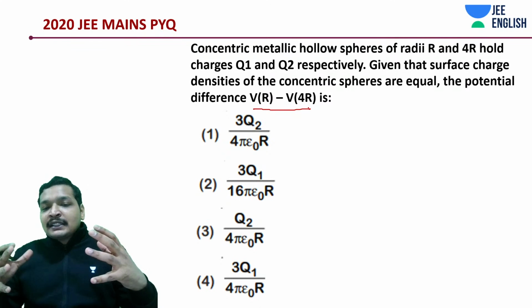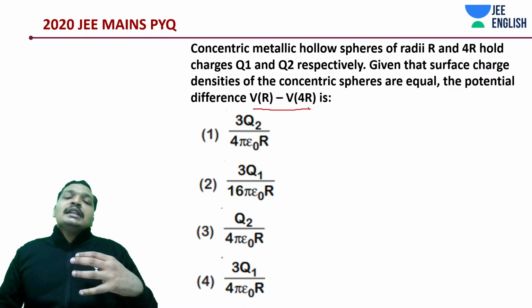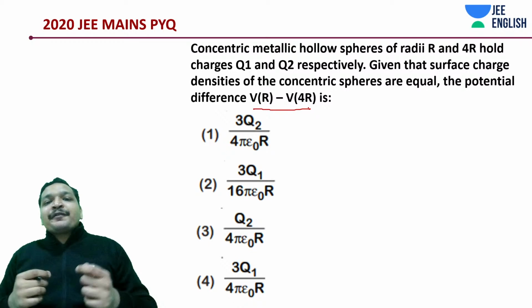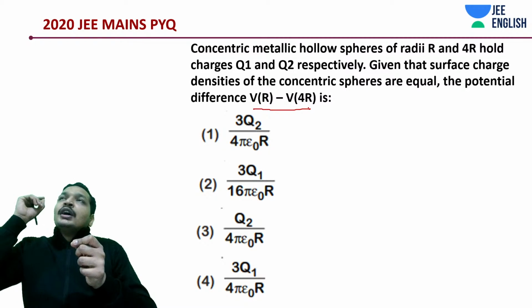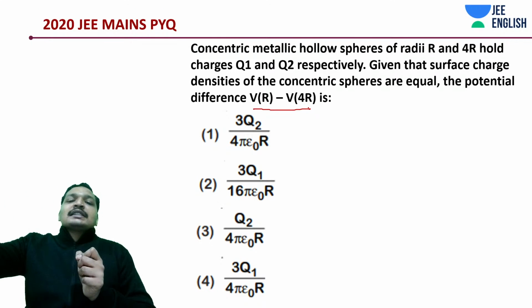And when you subtract them, what is the common thing that is going to be eliminated? Potential due to the charges on the surface of the larger sphere. So basically it's finding out the potential due to the charges on the small sphere, on its surface and at a distance 4r.